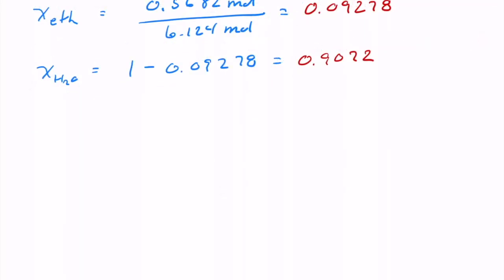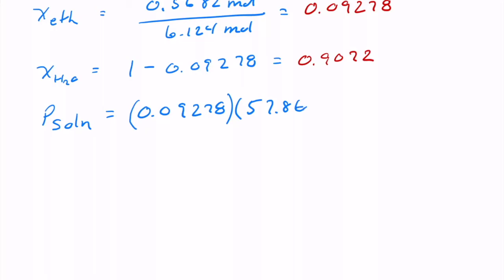So now we have enough information to figure out the vapor pressure of the solution. So we're going to use Raoult's law as we have written above. So the vapor pressure of the solution is going to be the mole fraction of ethanol, 0.09278, multiplied by the vapor pressure of pure ethanol, which is 57.8 torr.